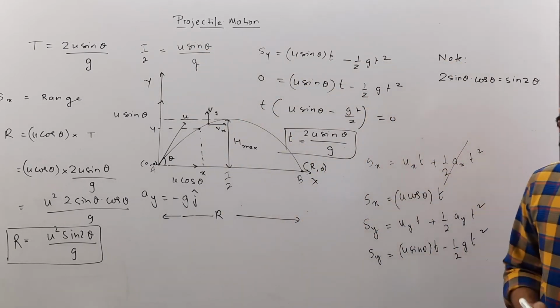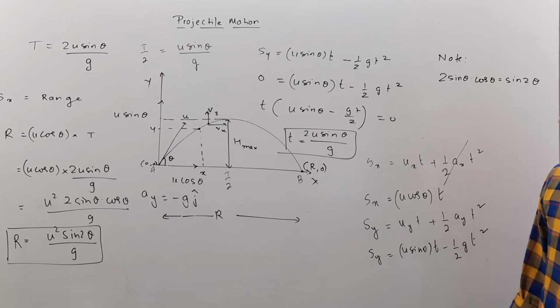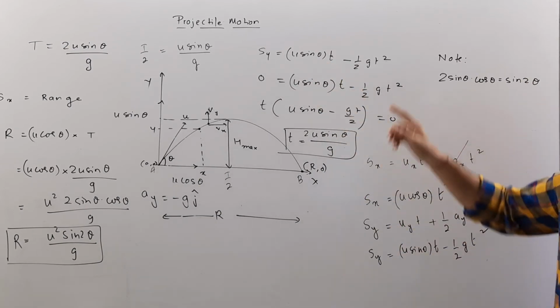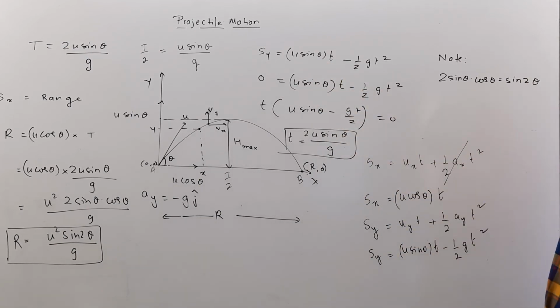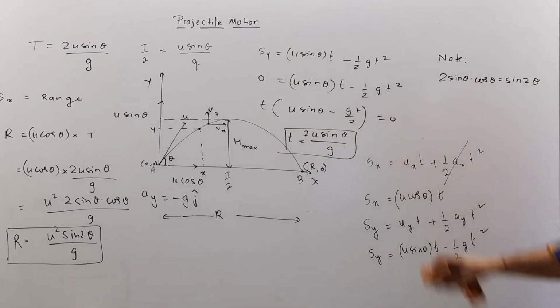And with this t by 2, we can find y, because now we have the equation for y as well. So we are going to use the same equation now.